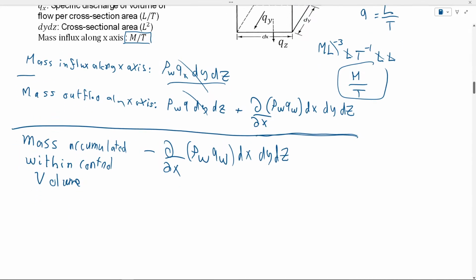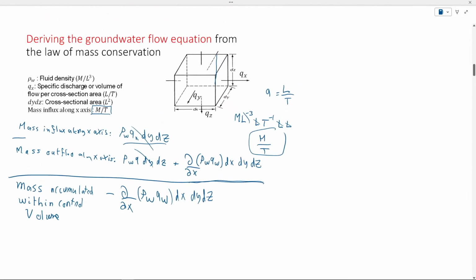Yeah, but remember, what I showed you here, I'm only considering qx, like q that's coming from here. But I also have qy, q that's coming from here. I have flux that's coming from here. So sorry, this is qz.